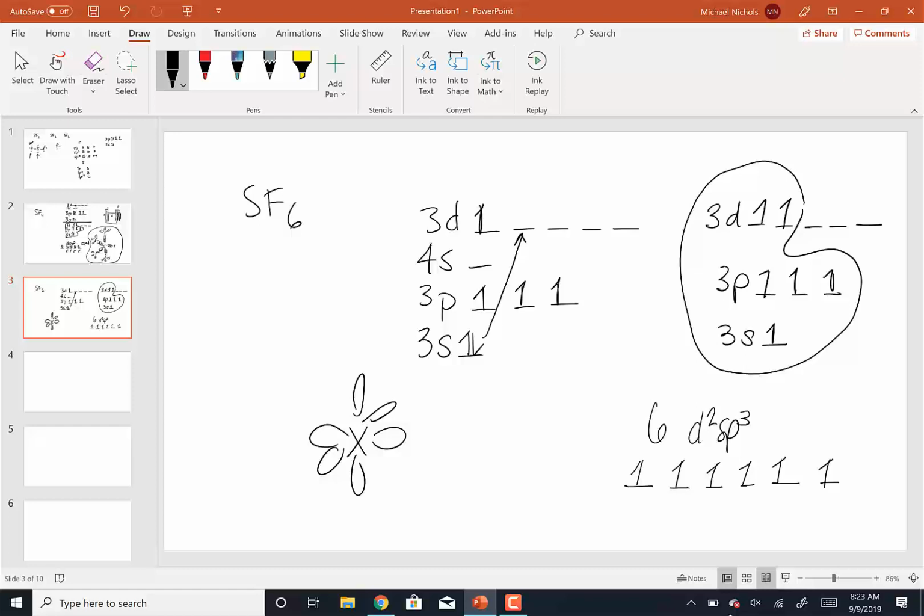How many electrons go into each one? It's going to depend on the atom. So in this case, there's 1 unpaired electron in each one of those for the sulfur in SF6. So that kind of completes the story in terms of hybridization.